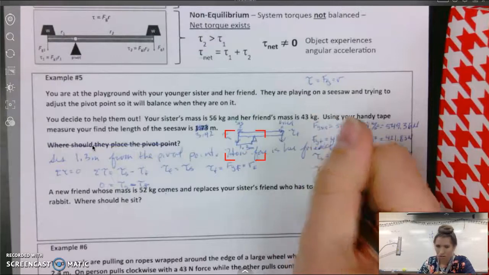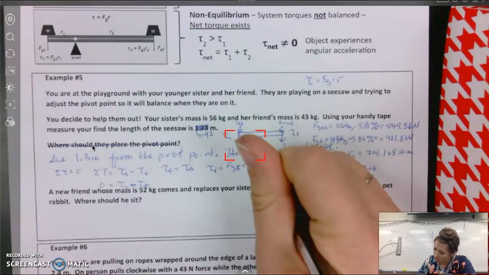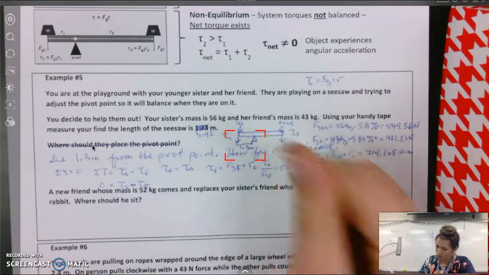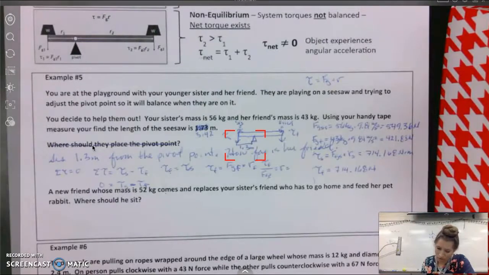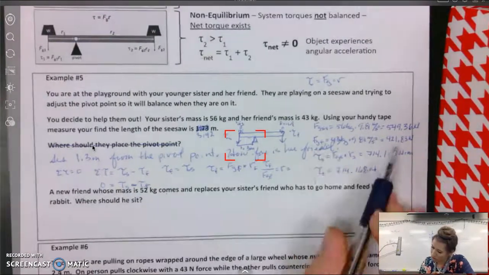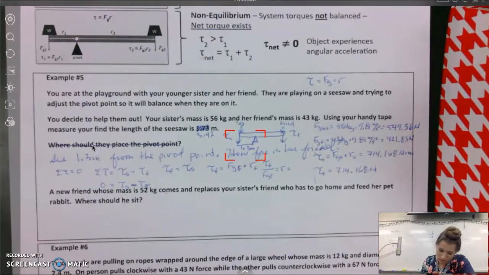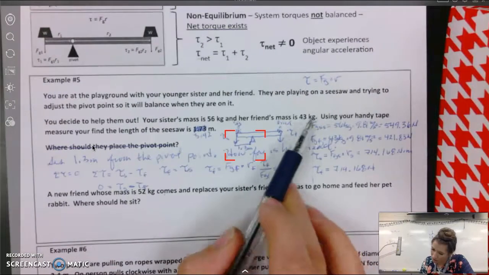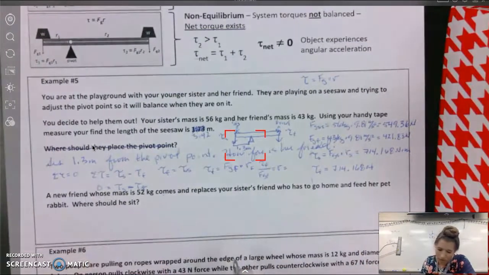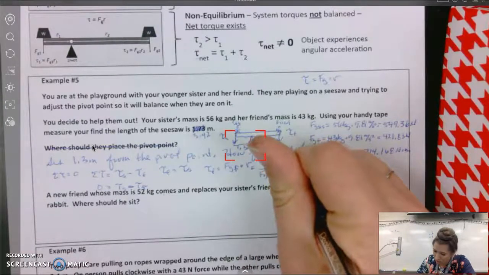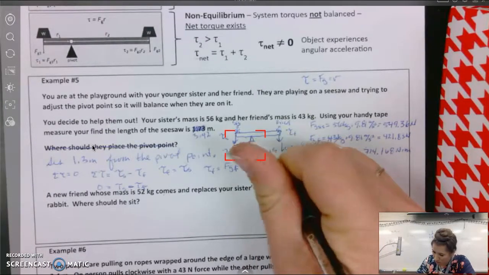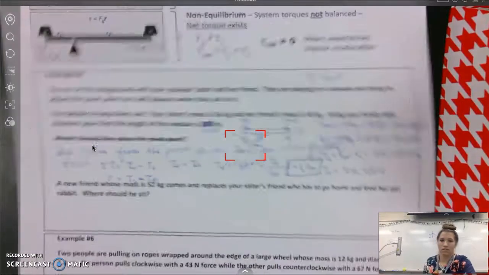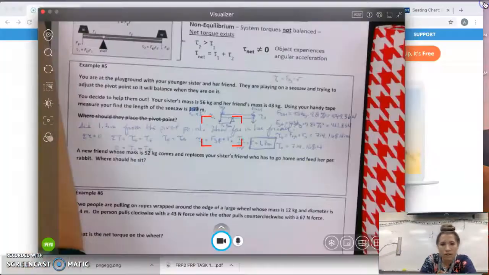So torque divided by the force due to gravity will give us R. And so I'll take that torque, the 714, divided by the force due to gravity of the friend. Now, how many sig figs? 2 sig figs, 3 sig figs, 2 sig figs. So my final answer will be 2 sig figs. So I'll be 1.7 meters away from the pivot point. Okay, there's my final answer for that part.